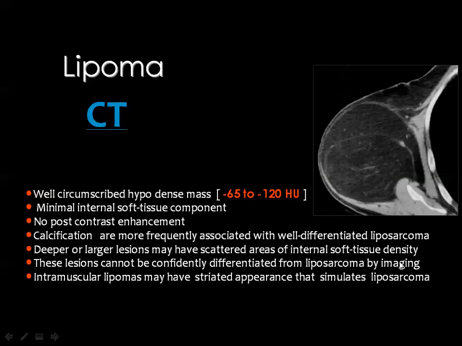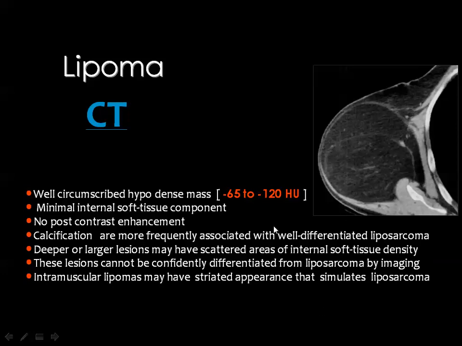Lipoma is a hypodense mass. Its density is almost similar to the subcutaneous fat, and whenever you measure the attenuation value of the lesion, it ranges from minus 65 to minus 120 Hounsfield units.